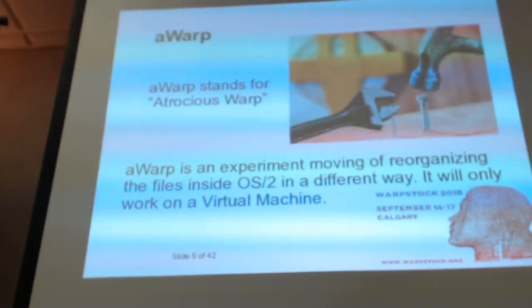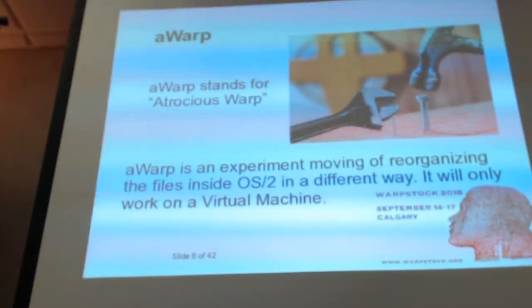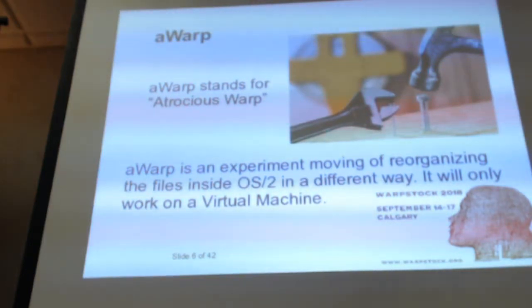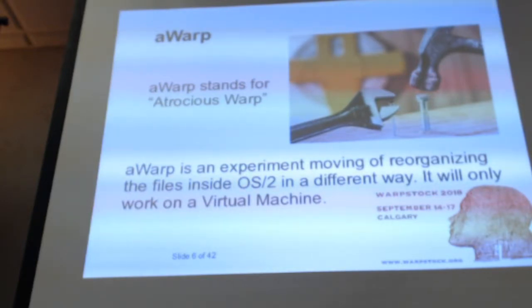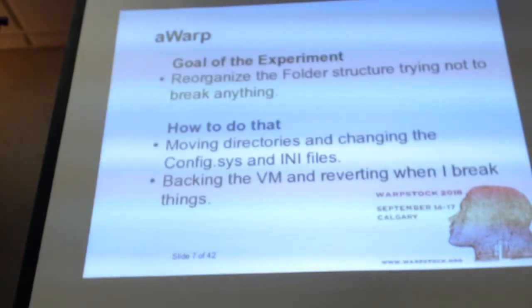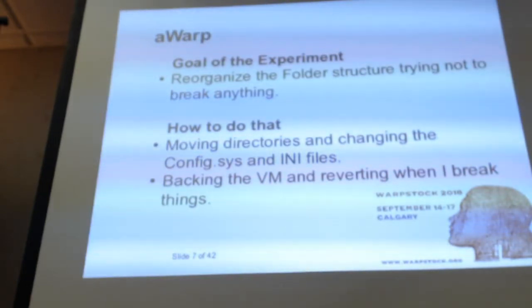Okay? So the first one was A Warp. A stands for Atrocious Warp, okay? So A Warp is an experiment of moving and reorganizing the files inside OS2 in a different way. And it will only work on a virtual machine, right? The goal of the experiment was to reorganize the folder structure, trying not to break anything, just trying.